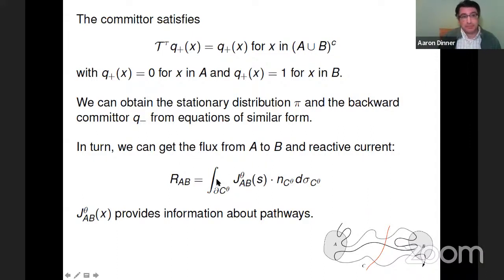And moreover, we can break that flux, which is tantamount to the rate, down into currents through different regions of space. And those tell us about what are the pathways that are contributing to the reaction. So these are the kinds of statistics and the kinds of equations that we want to solve.